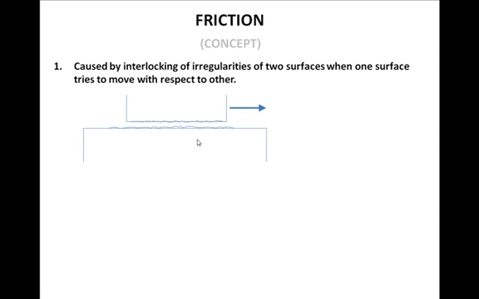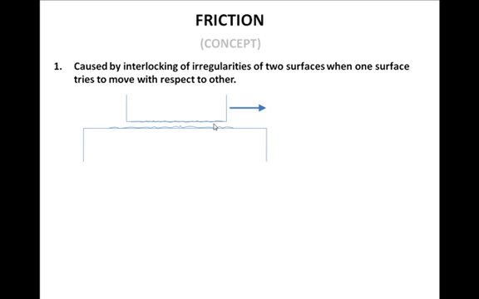Look at these two bodies and these two surfaces. Even if apparently the surfaces look smooth, when you examine them under a microscope, you will always find some irregularities.